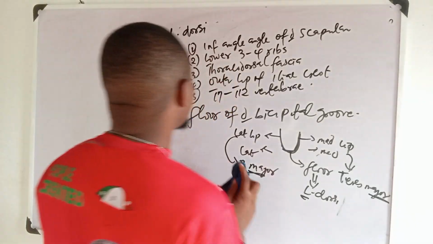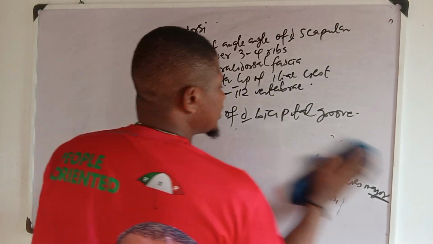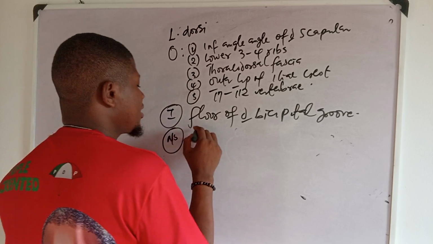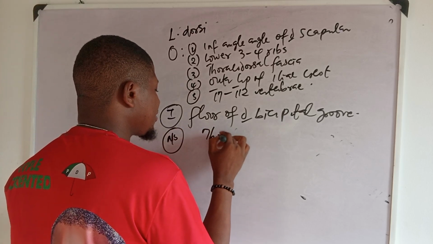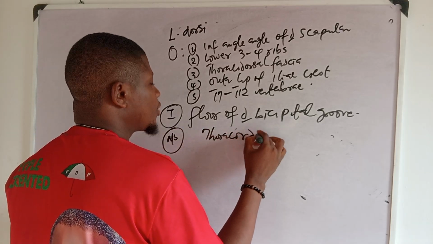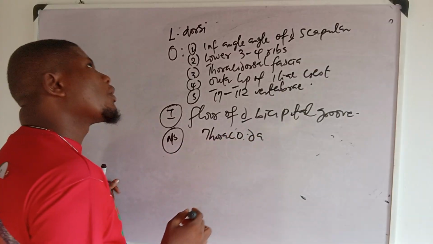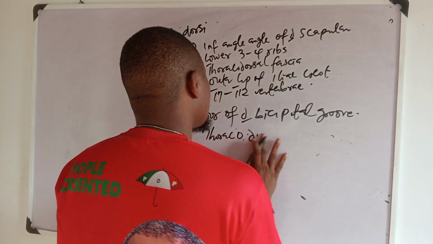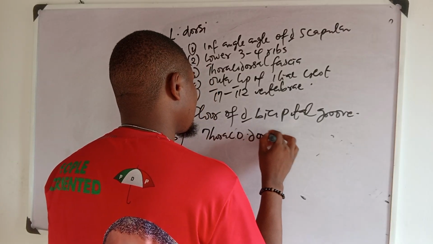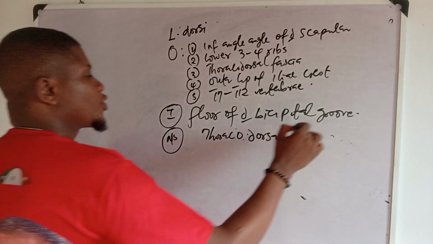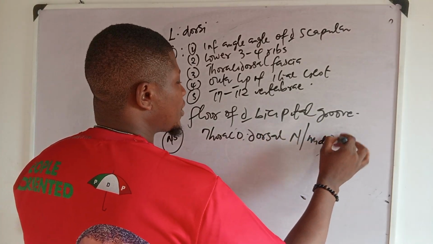Okay, so let's continue. What is the nerve supply of this muscle? We know it is the thoracodorsal nerve. It's also called the middle subscapular nerve.